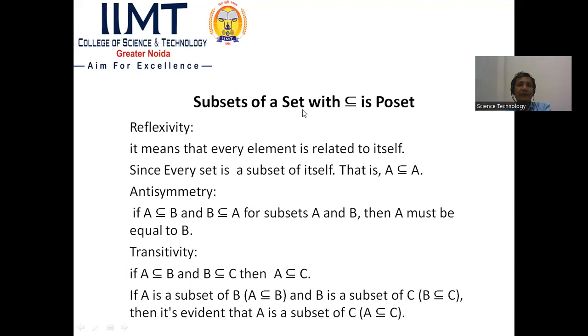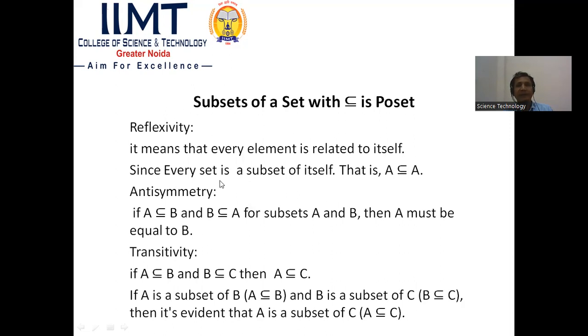Moreover, a collection of subsets of a set with set inclusion is a poset. I am explaining this in short. We know that by the simple operations of sets, every set is a subset of itself.